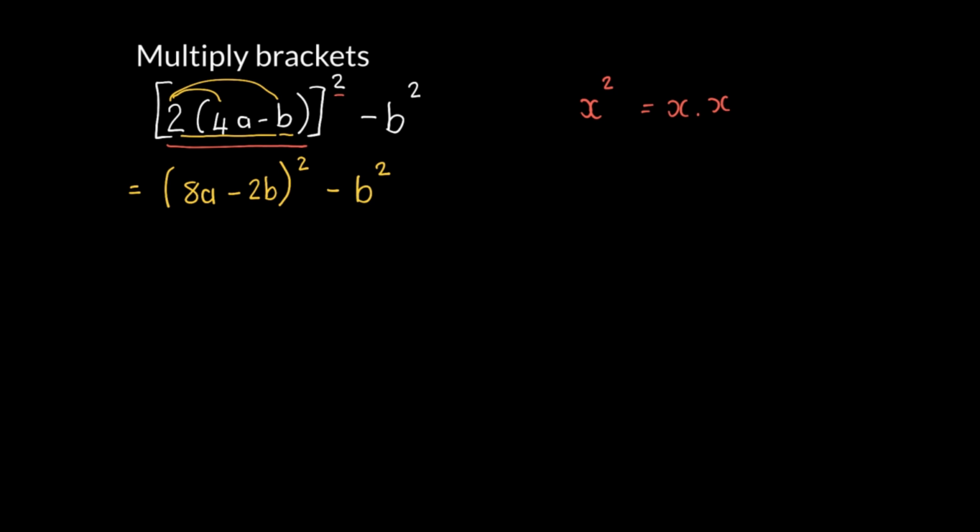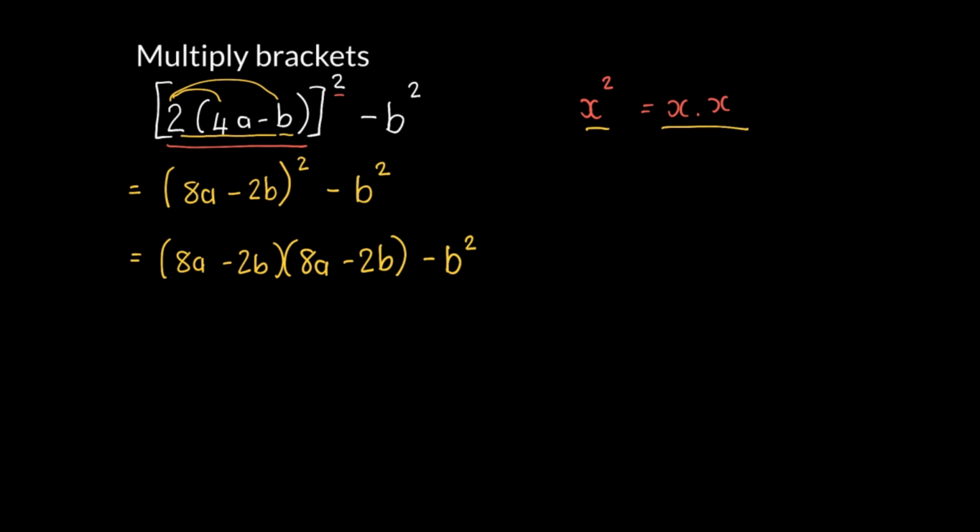So now what we can do is use this rule that we've written over here to express 8a minus 2b. So we're going to have 8a minus 2b multiplied by itself twice. So we're going to get 8a minus 2b multiplied by 8a minus 2b, and all of this minus b squared.